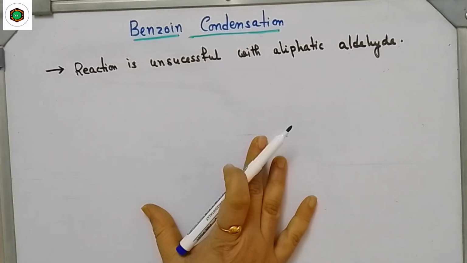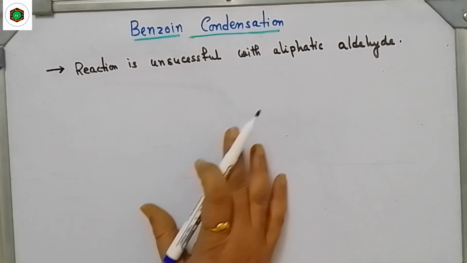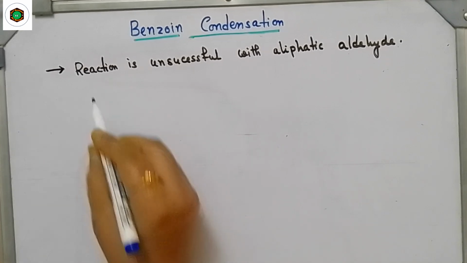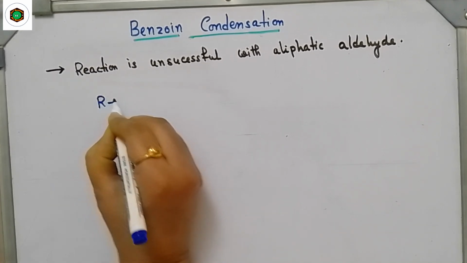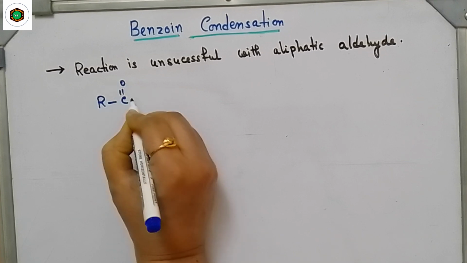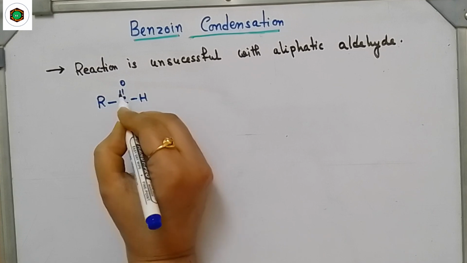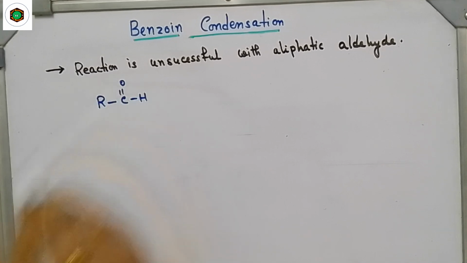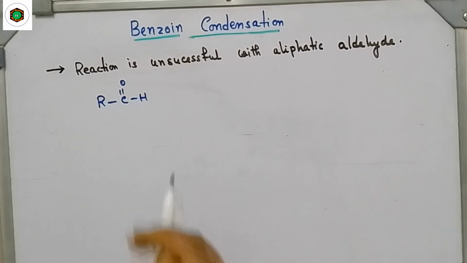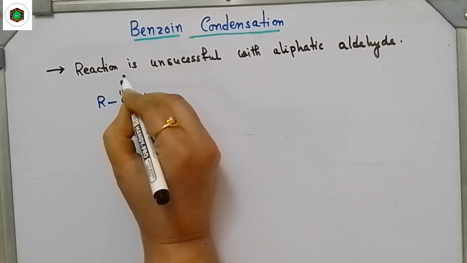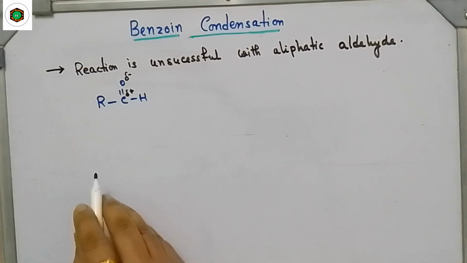As we have seen, the reaction is unsuccessful with aliphatic aldehydes. Why is it like that? Suppose you have one aliphatic aldehyde. You know oxygen is more electronegative than carbon, so electron density will be shifted in this direction. Therefore, this carbon has partial positive charge and this oxygen has partial negative charge.